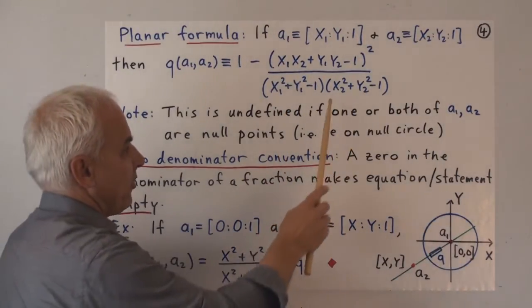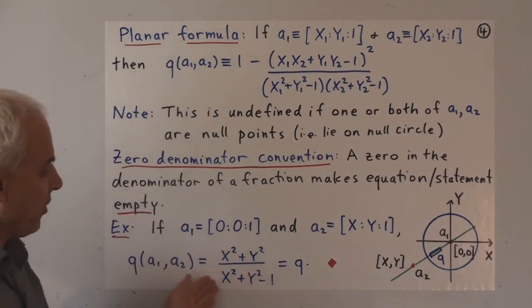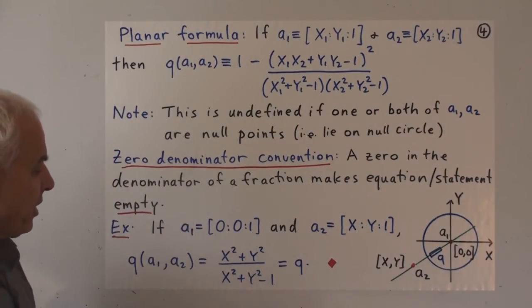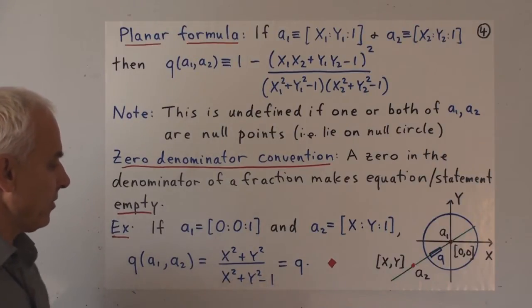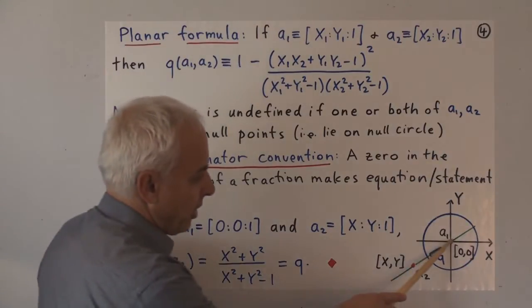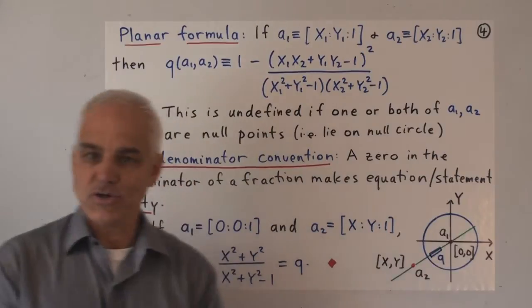And this term here will just be x squared plus y squared minus 1. And then when you get that over a common denominator, we get x squared plus y squared over x squared plus y squared minus 1. That's the quadrants Q that is obtained if one of the points is at the origin.